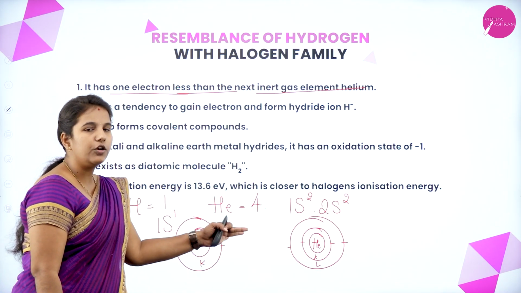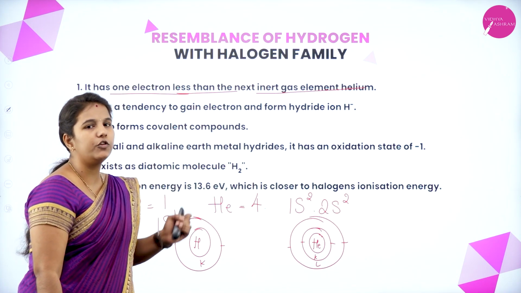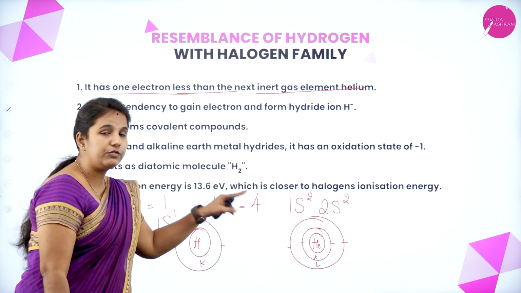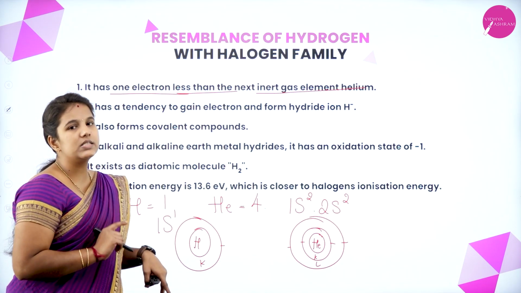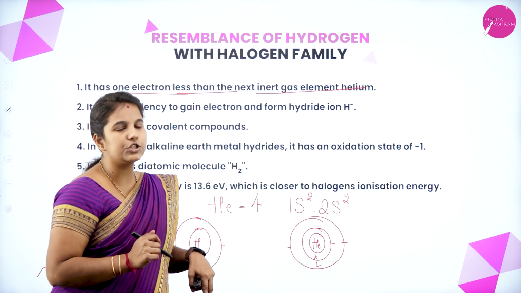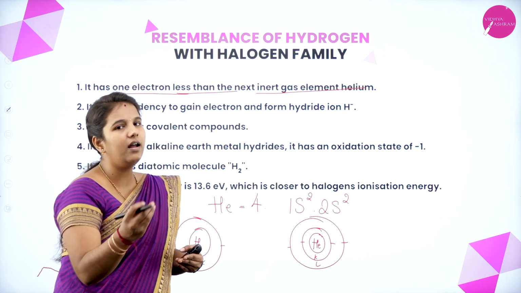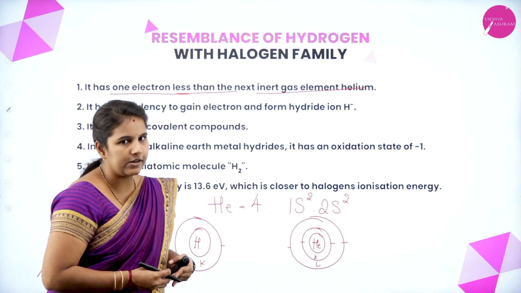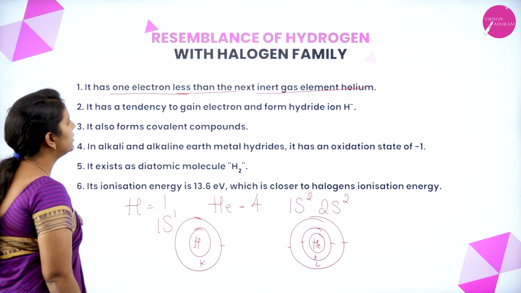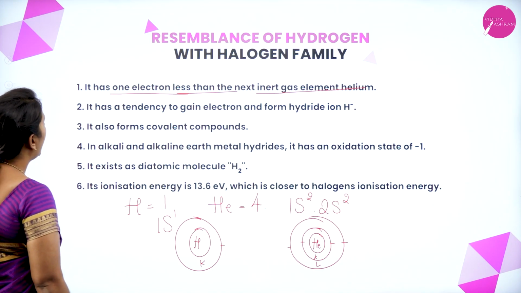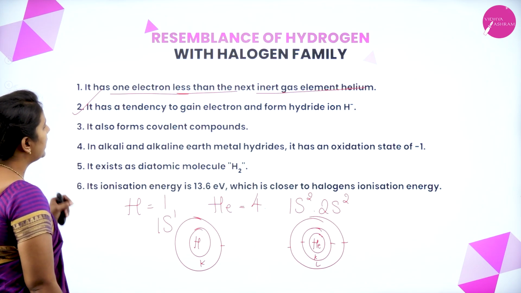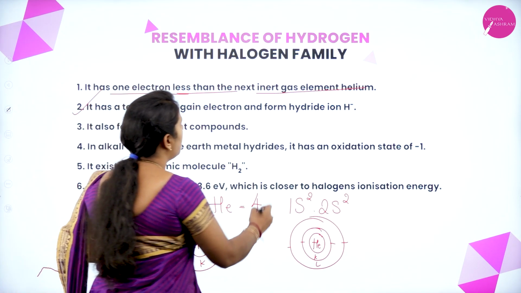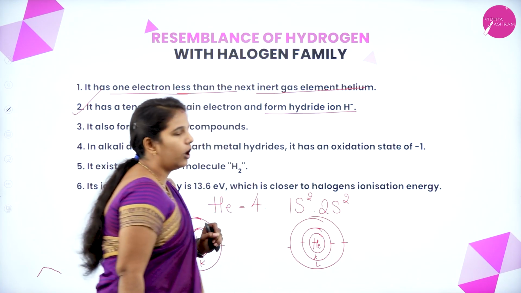When you consider helium as the best example of the noble gases, it has 2 electrons in its valence shell, whereas hydrogen has only 1 electron in its valence shell, which is less than the inert gas configuration. That is why I have put this point as a resemblance. It has a tendency to gain an electron and form a hydride ion.